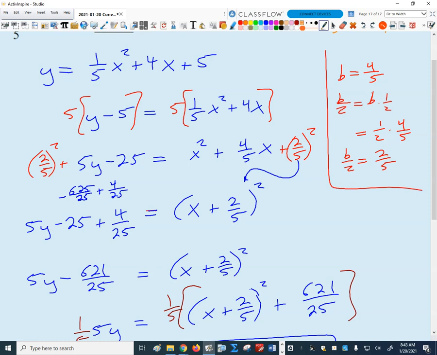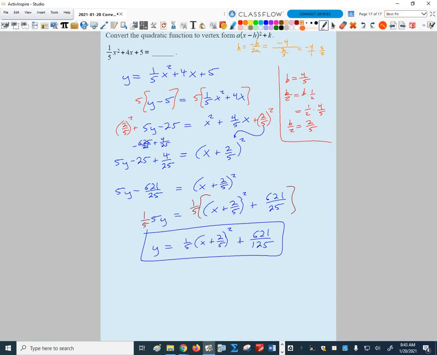Oh, here's what I did wrong. Right here, this is what I was doing. Look, 5 times 4 is not 4/5 x. It's 20x. So this one got completely messed up. You know what, I'm just going to start this over. Let's do this. So everything from here down.